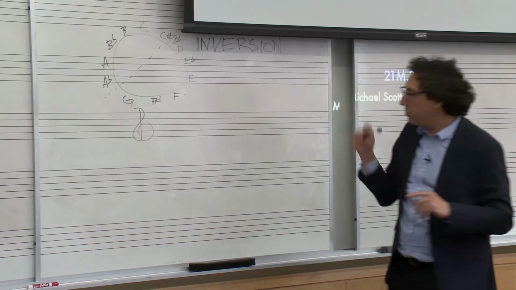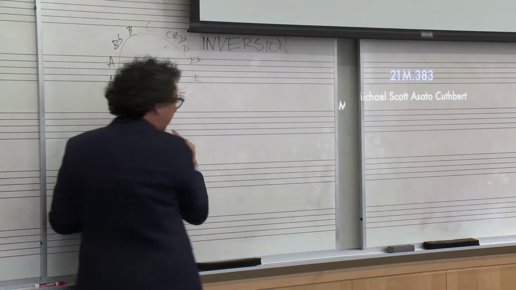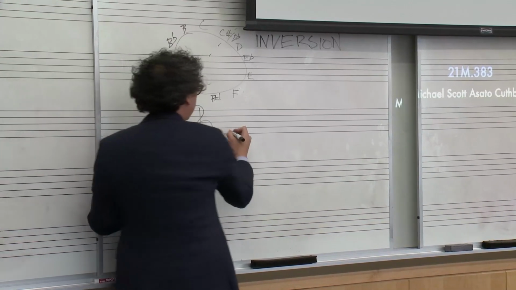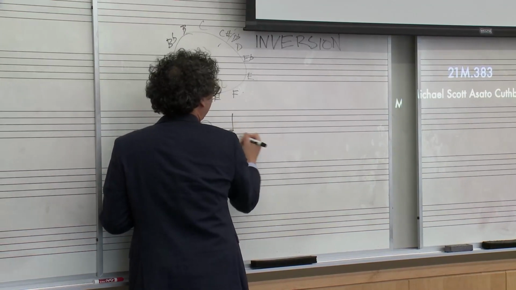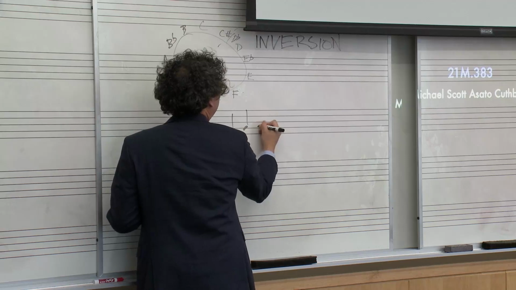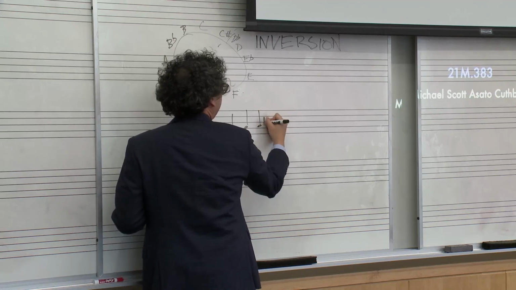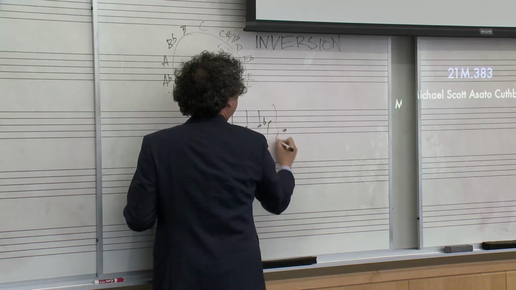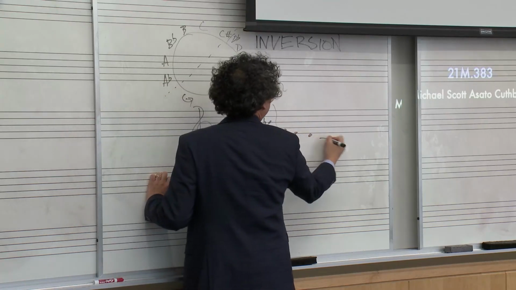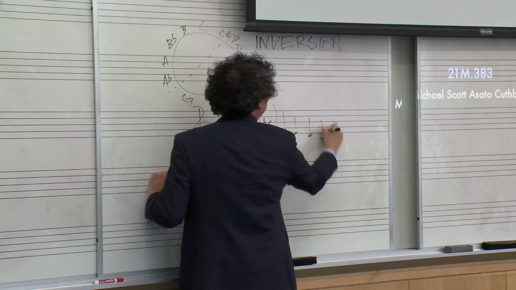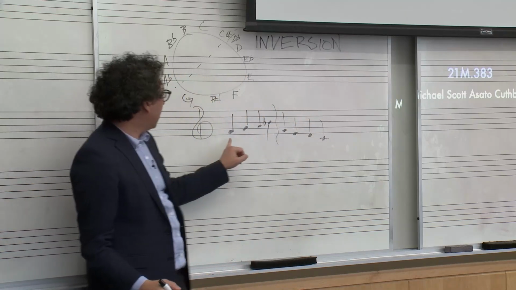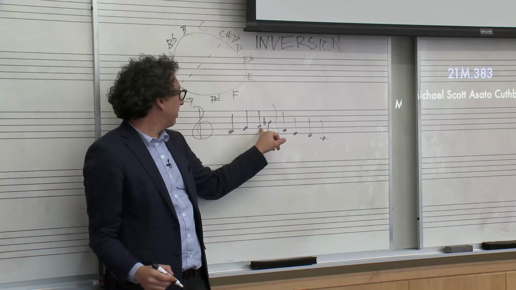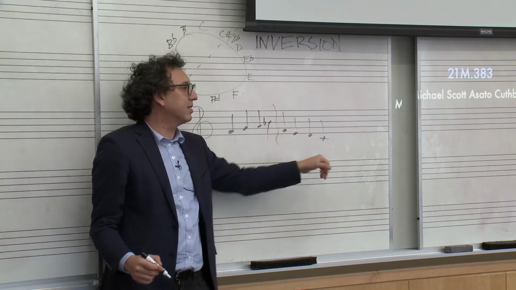We also use inversion, and this is the primary one that Dmitri Tymoczko is talking about. We also use inversion to mean something we sometimes call tonal inversion, which is to say, we did this in class for a second, right? That this can be inverted to be this. Because here we go up a step, here we go down a step, here we go up another step, we go down a step, up a step, down a step.